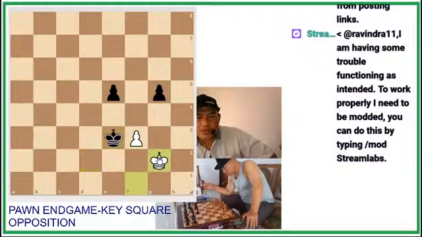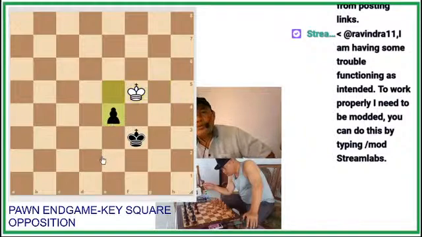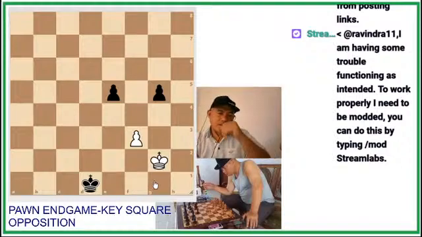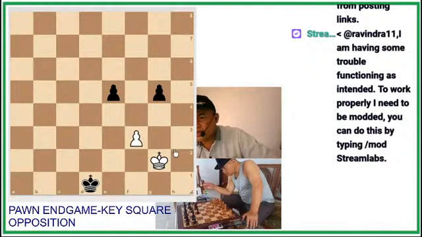For example, it goes like this, and then black can do the outflanking, and when white takes, it takes. Then this is black to move and win. So, what is the best move for white in this position?